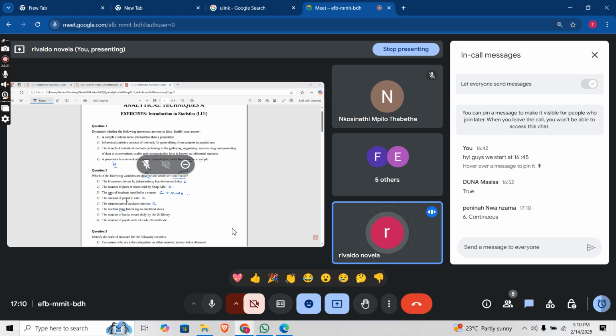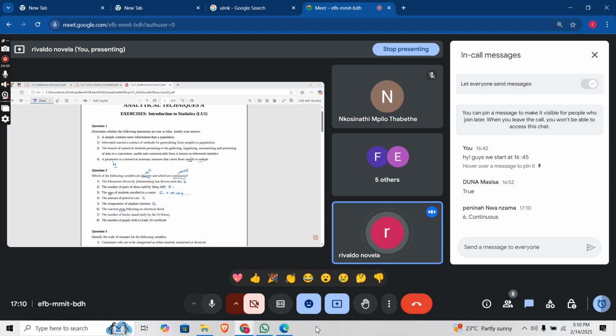Anyone other than Kosinati or Duna? Oh, Penina says the 6th one is continuous. 100%, you are correct. The 6th one is continuous.